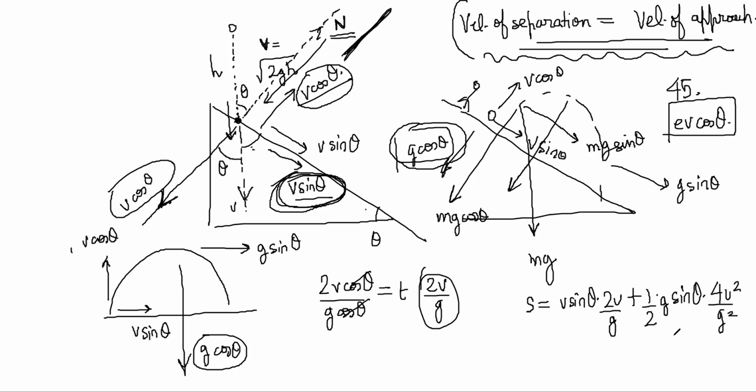So 2v square by g sin theta and 2v square by g sin theta make 4v square by g sin theta, which is the distance it travels on the incline before it hits. So question 44 should be 4v square by g sin theta.